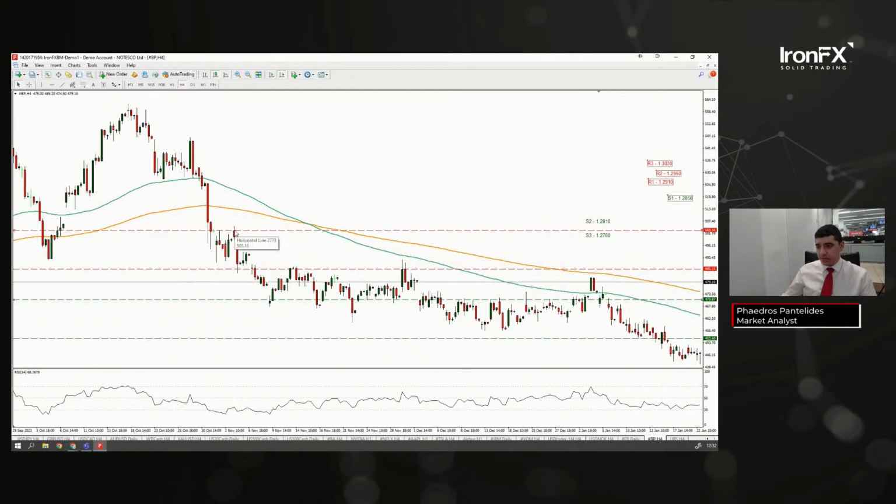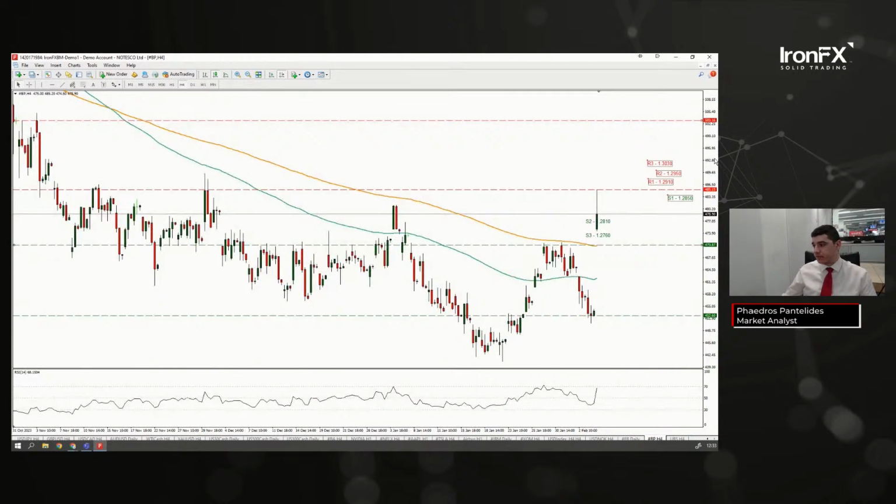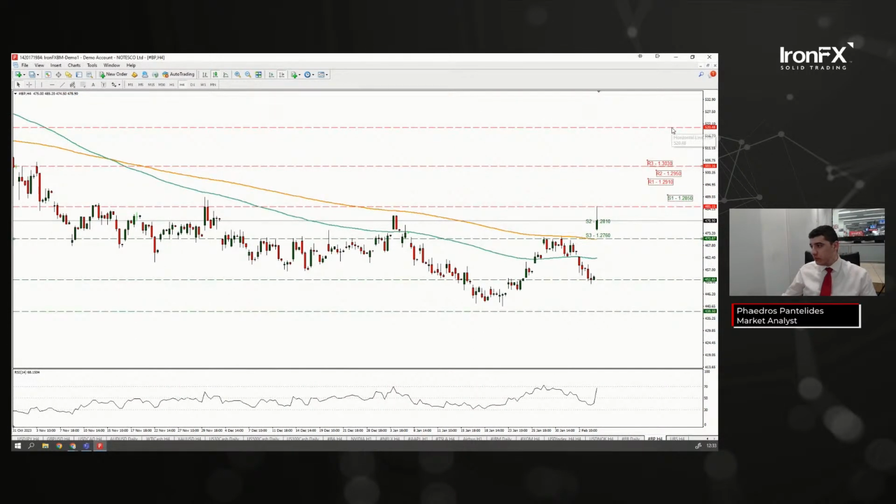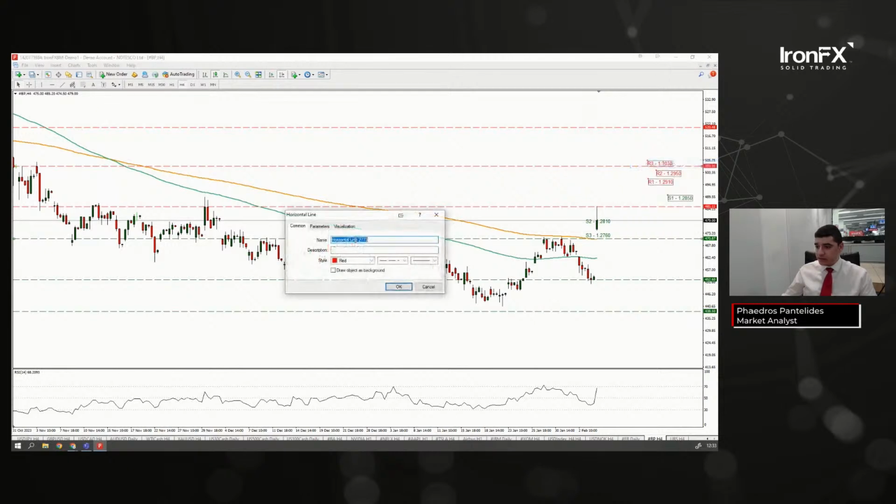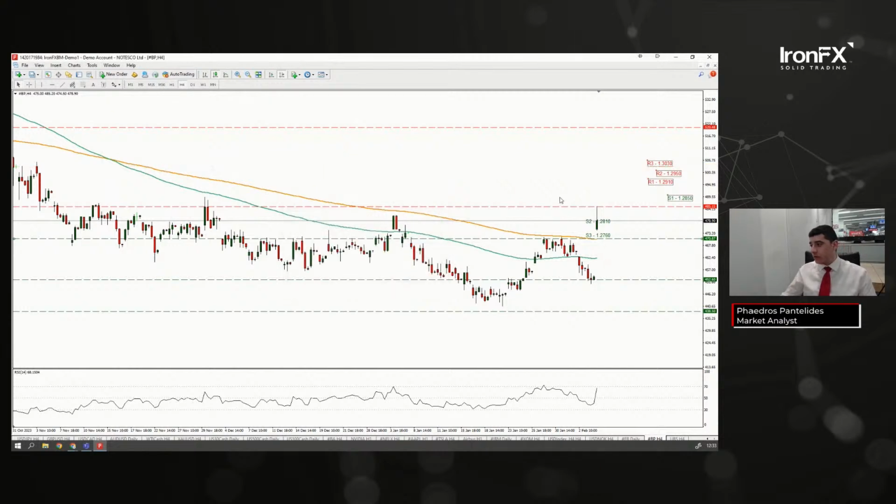Then for R2, I'll take this high, failed to break above, moved lower. And then for R3, taking this previous low, broke down below. So if it does come back up, it could find resistance at this point. 520.48.